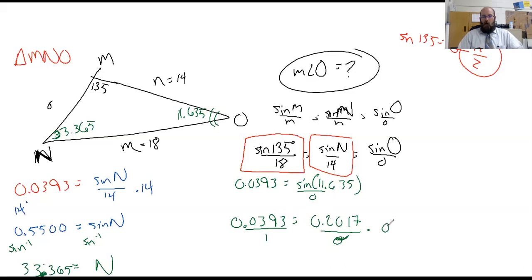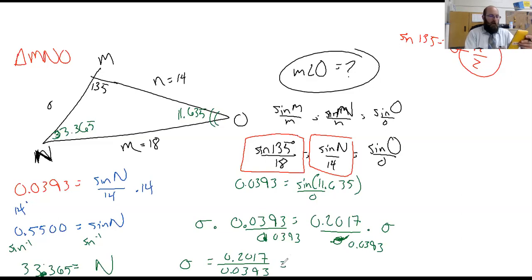So I'm going to multiply by O, and then divide by 0.0393. So again, that's my O is now going to equal 0.2017 over that other thing.